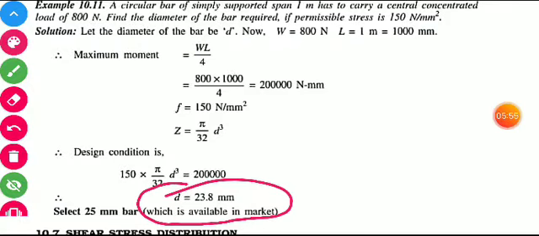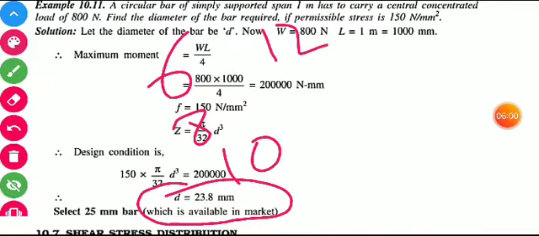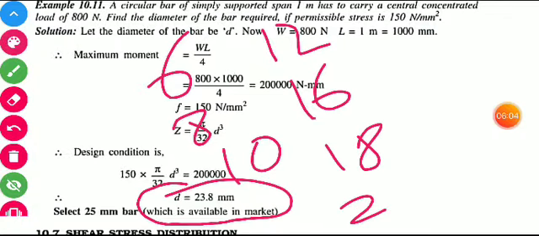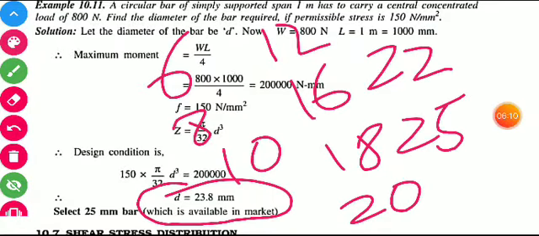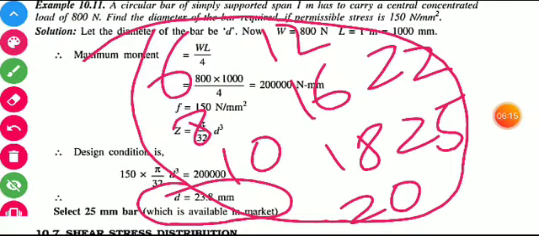Like 6, 8, 10, 12, 16, 18, 20, and next 22 and 25, I think. This is the rough range, you must check once.